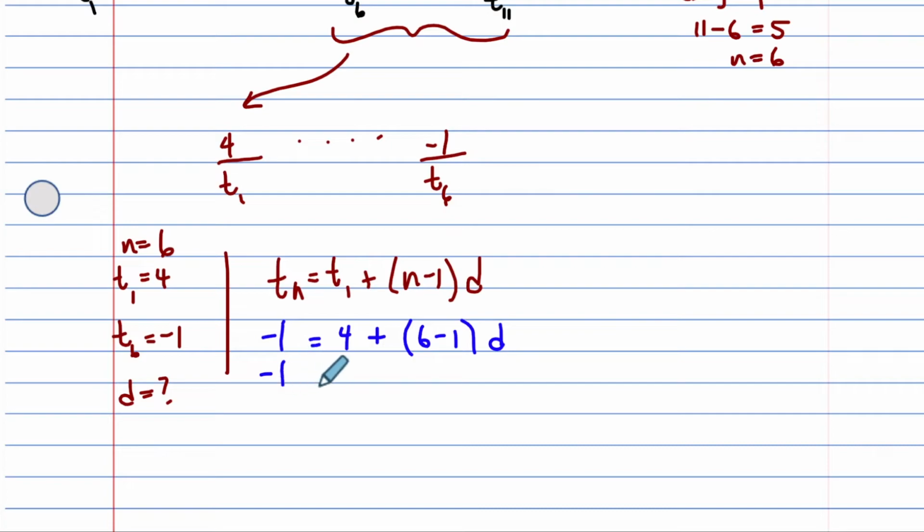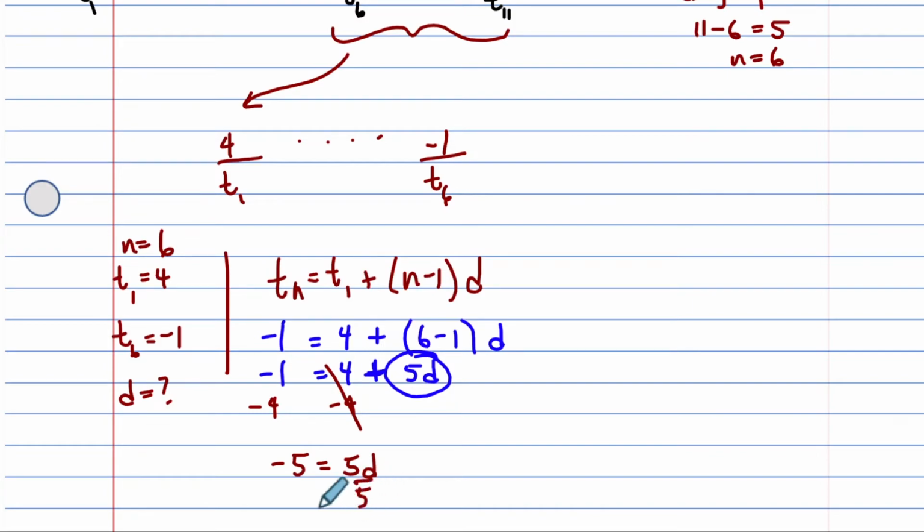So -1 is 4 plus, don't forget the plus, 5D. We want 5D by itself. Make this 4 disappear, or a 0 pair. What I do to one side, I have to do the other. So I have a -5 is equal to 5D.